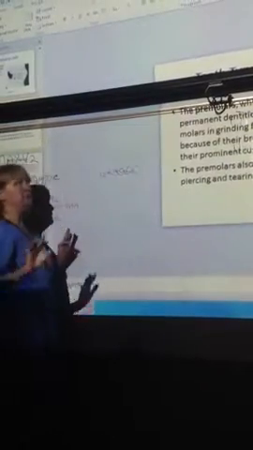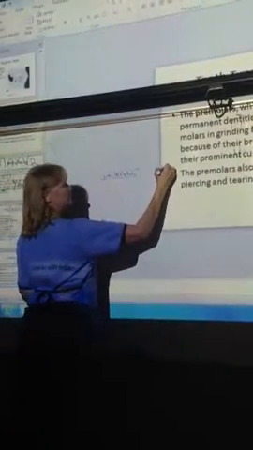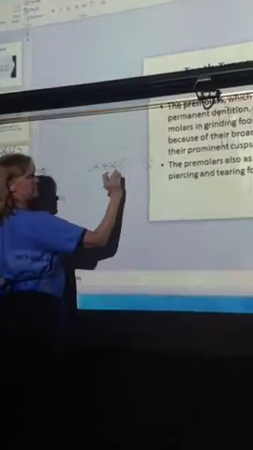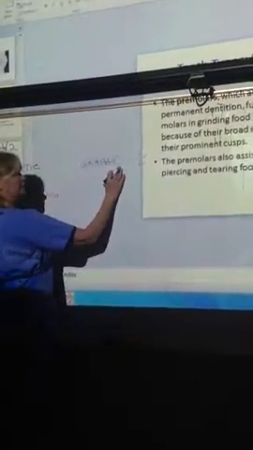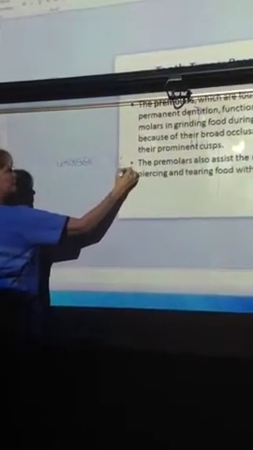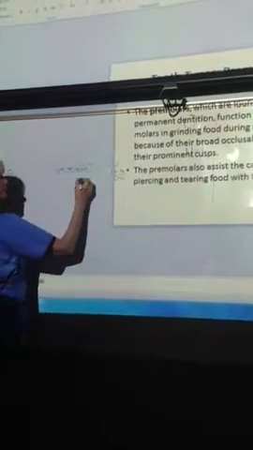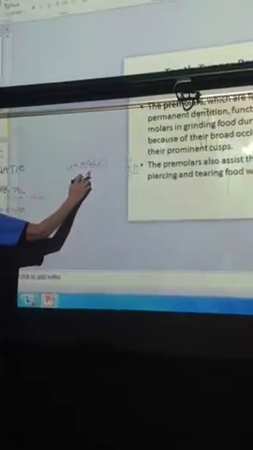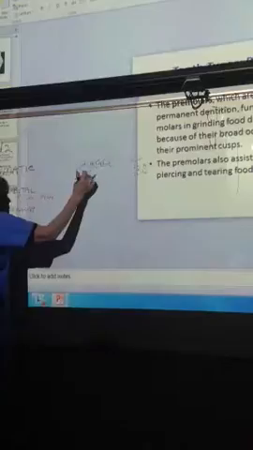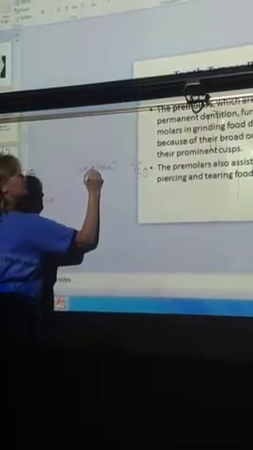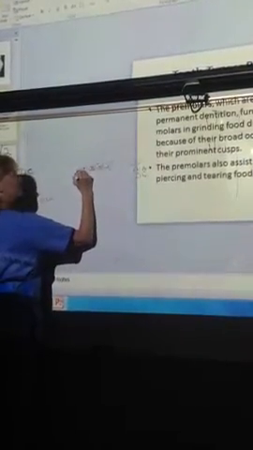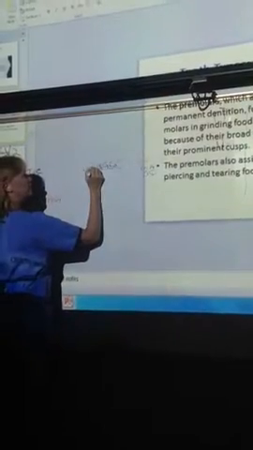There are 20 teeth in the primary dentition, which is 10 in each arch, so right and left look the same, and 5 in each quadrant: a central, a lateral, a canine, a first molar, and a second molar, because primary doesn't have premolars.